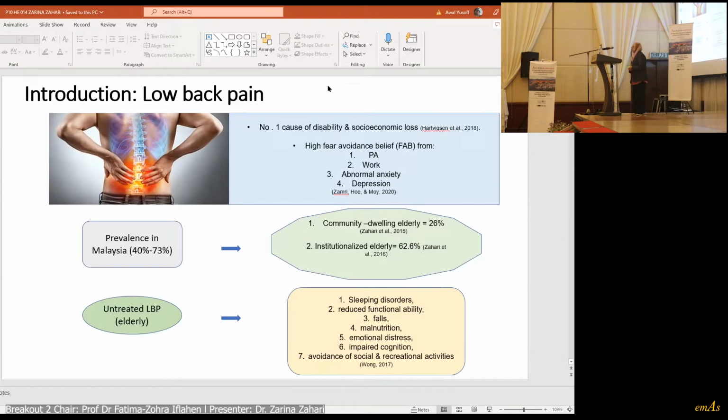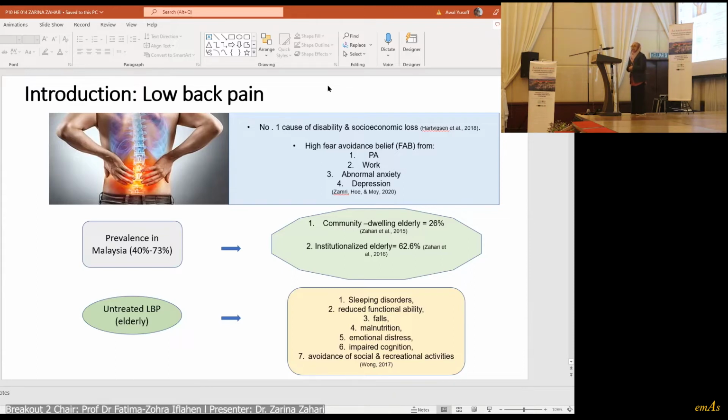The prevalence of low back pain in Malaysia is about 40 to 73%, which involves the community dwelling elderly, about 26%, and the institutionalized elderly, about 63%. Here we can see that institutionalized elderly has shown higher prevalence as compared to the community dwelling elderly. Okay, there are multiple reasons for this.